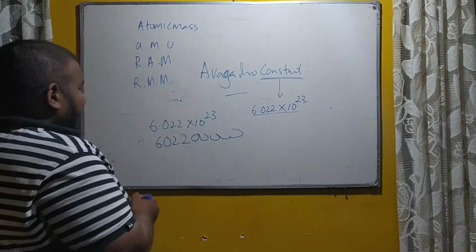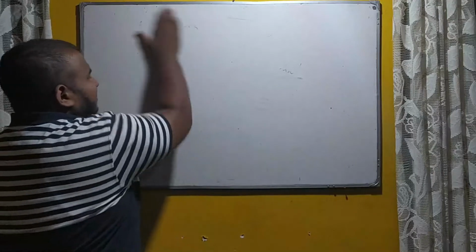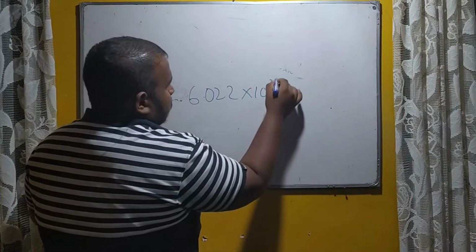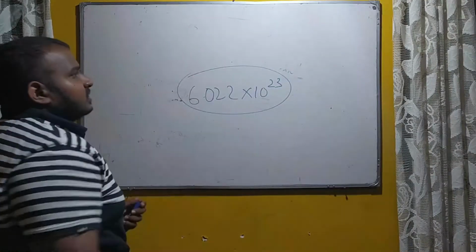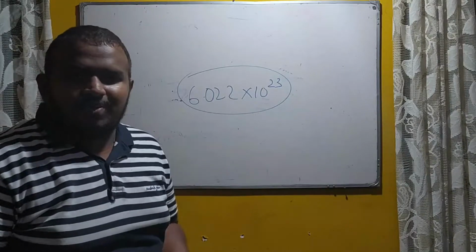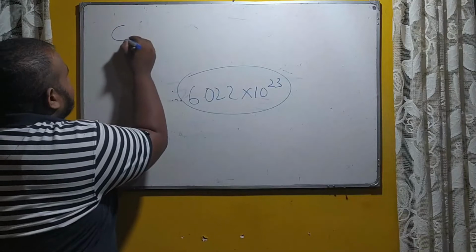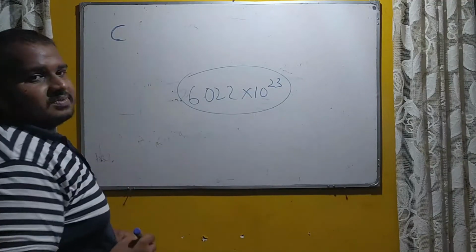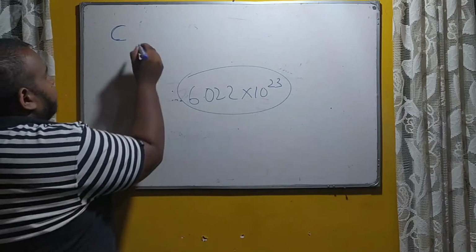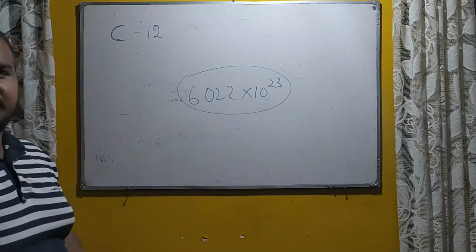So, Avogadro constant. You might think, what actually is this 6.022 into 10 to the power of 23? We studied about relative atomic masses and relative molecular masses. If you consider the relative atomic mass of carbon, carbon is an atom. What is the relative atomic mass? It is 12.